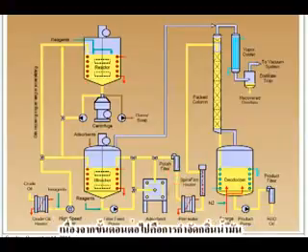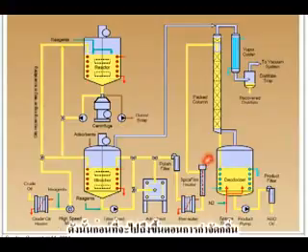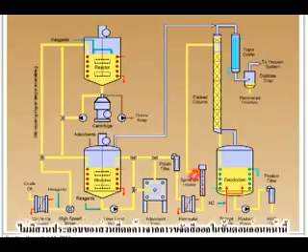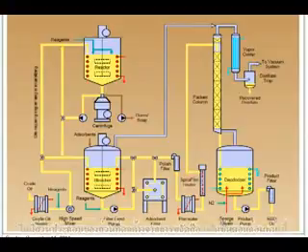Because the next step is deodorization. Before the oil goes through the deodorization process, it's very important to make sure the oil doesn't contain any residual bleaching earth or soap from the previous step.